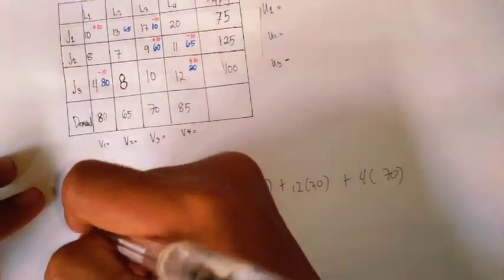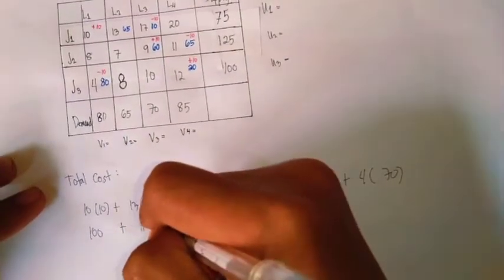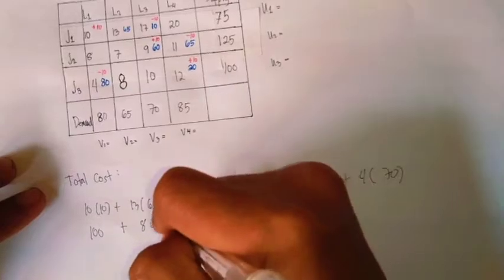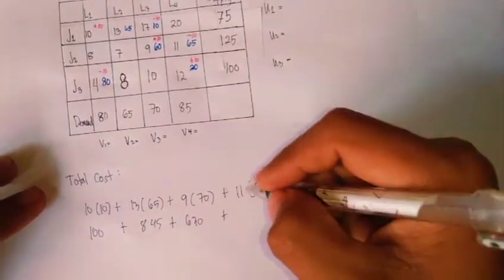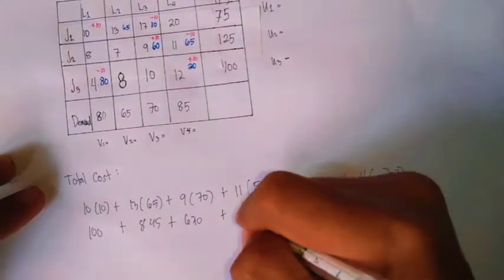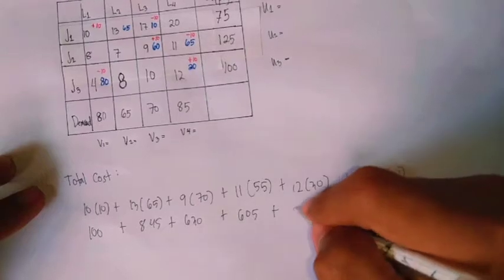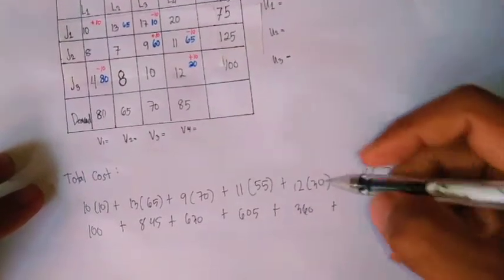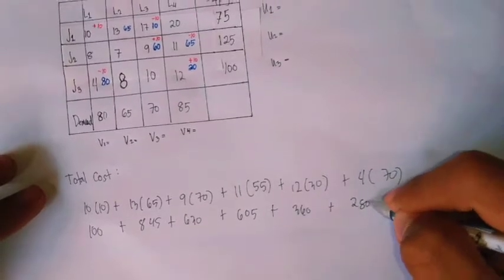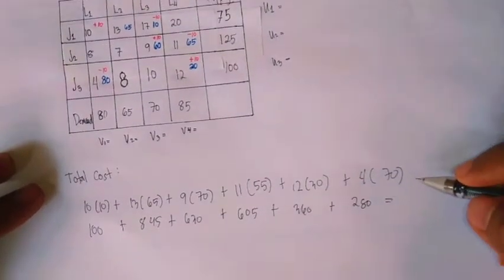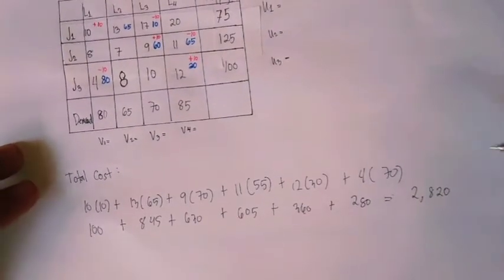So 10 times 10 is 100, plus 845, plus 9 times 70 is 630, plus 11 times 55 is 605, plus 12 times 30 is 360, plus 4 times 70 is 280, is equal to 2,820.